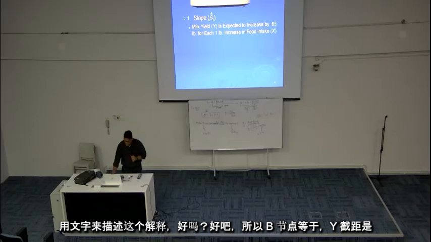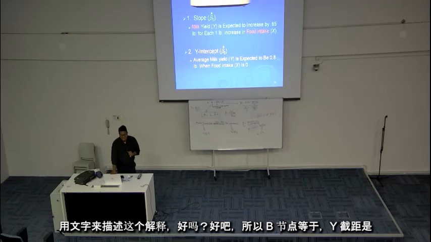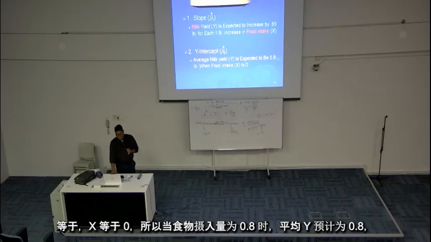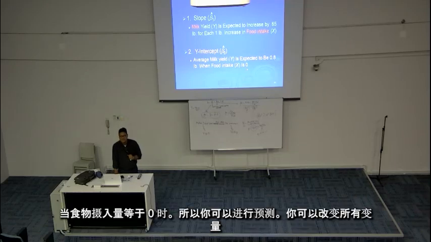Alright, so B naught is the y-intercept, when X is equal to 0. So the average Y is expected to be 0.8 when the food intake is equal to 0. So you can do the prediction.